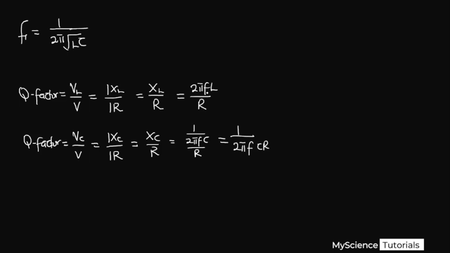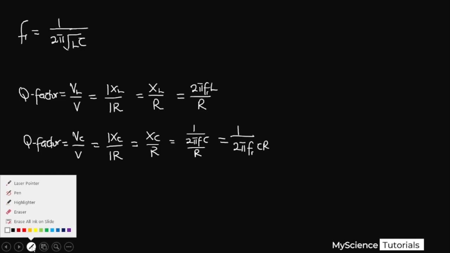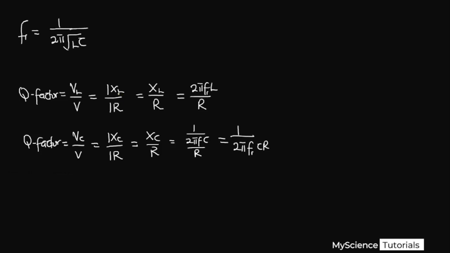Now remember the frequency here is resonant frequency, so it's FR. Now let's look at how we can derive a simpler formula for Q factor. So let's make this our equation 1, this our equation 2. From here, let's try to do something.